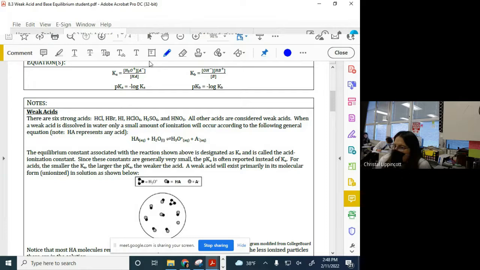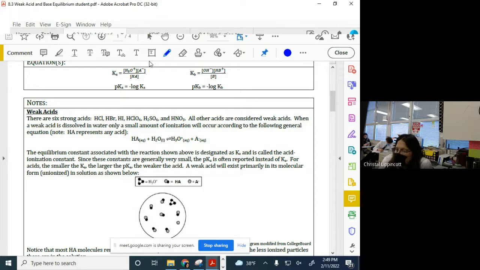That's going to give us our pKa. And we can find the pKb by taking the negative log of Kb, and that'll give us the pKb. Both of these added together at 25 degrees Celsius will equal 14. Okay?